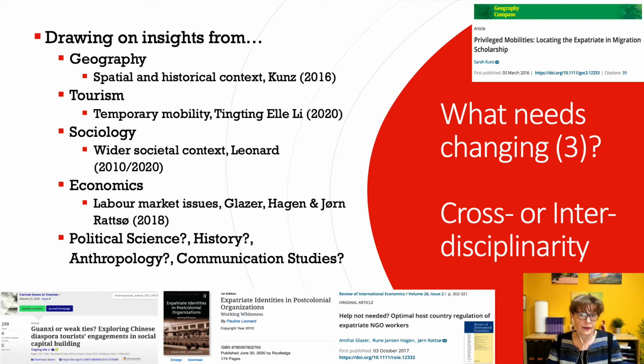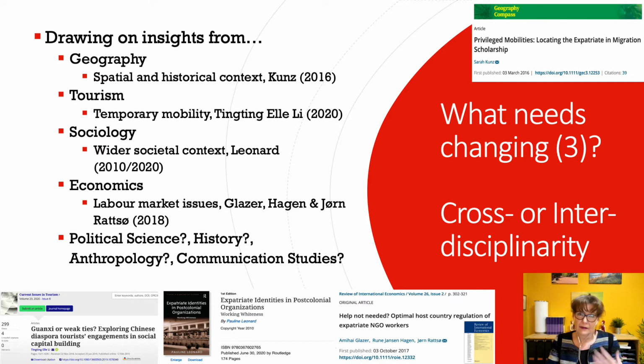And then obviously there is sociology, a discipline which puts the phenomena in a wider societal perspective. And a great example is this book which looks at expatriate identities in post-colonial organizations and looks at how post-colonial relationships impact on expatriation and how it is perceived.